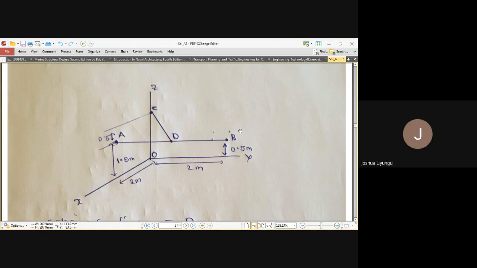What are the coordinates of A? 2, 0, 1.5.